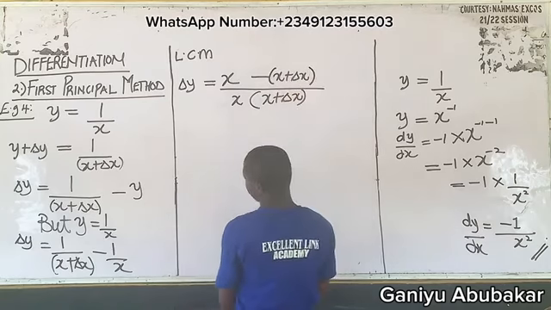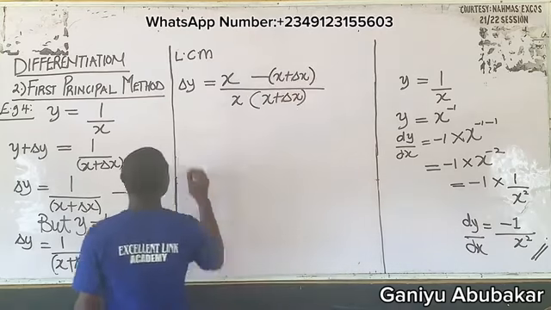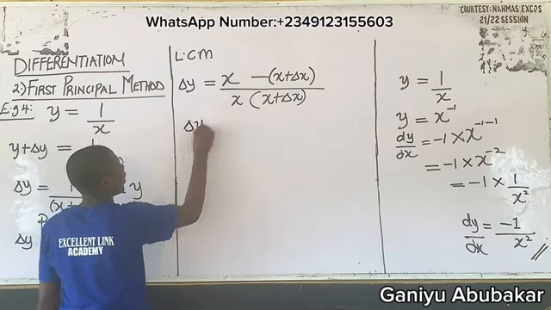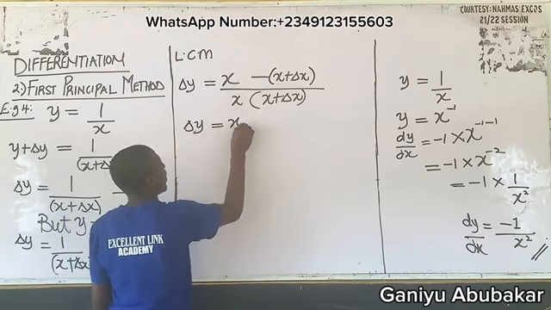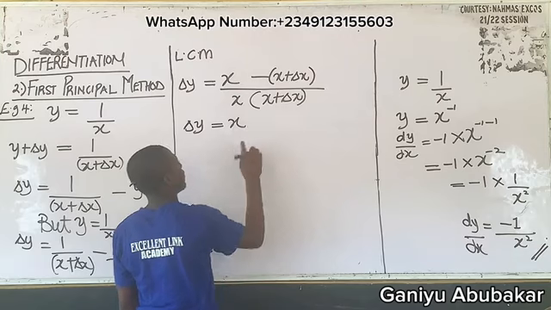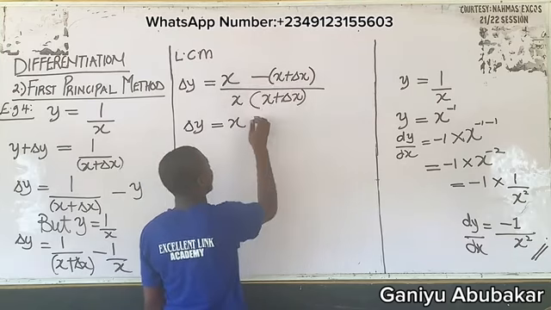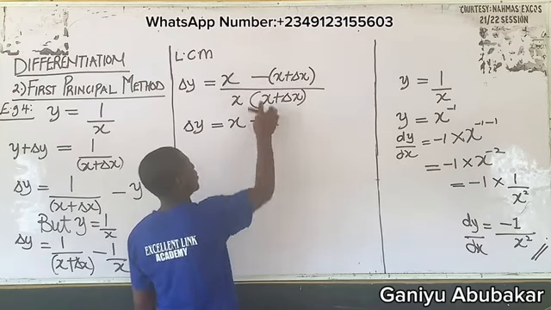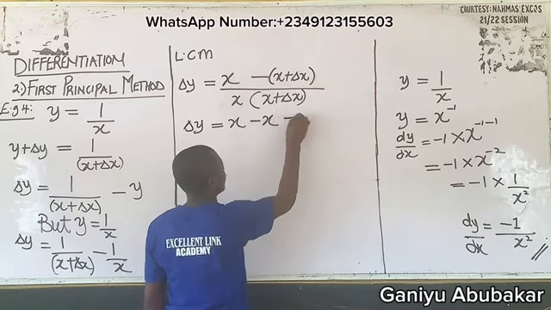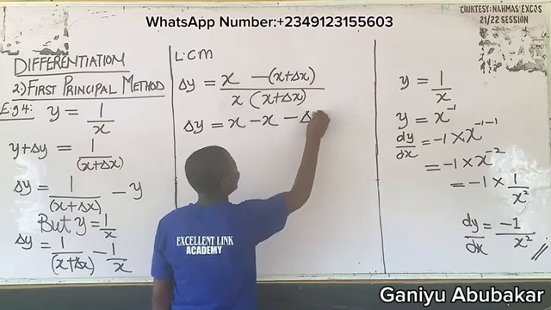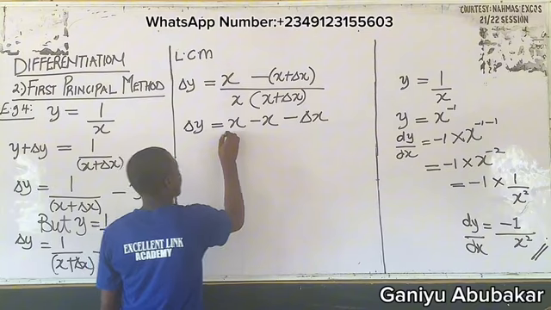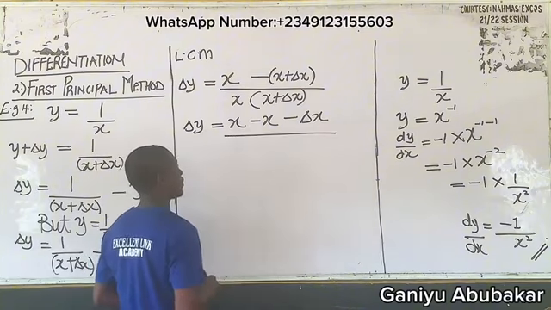In a bracket. At this junction, I'll have that change in y is equal to x minus times x plus change in x. Expand the bracket. Minus times x, of course, minus x. Minus times plus is what? Minus. I have change in x here. So all over, what next here?